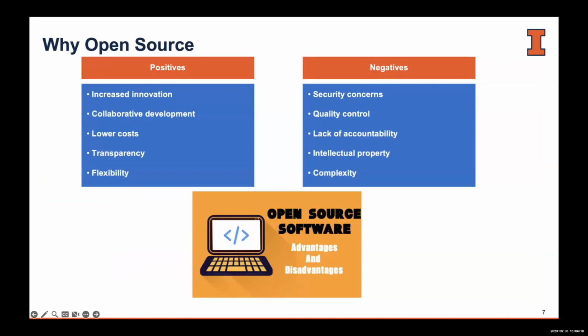So why open source? First of all, it increases innovation and collaborative development. With this, anyone can contribute to the development of the project, leading to a more collaborative and community-driven approach. Also, lower cost. Having a lower cost development allows for volunteers rather than hiring paid developers.